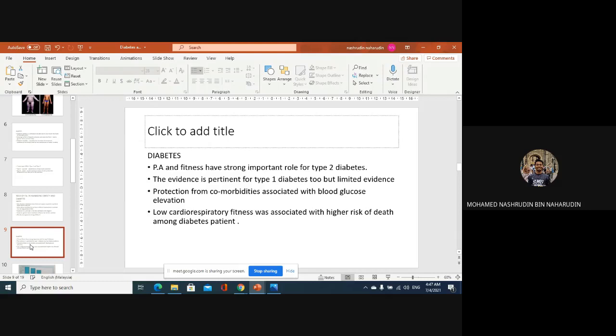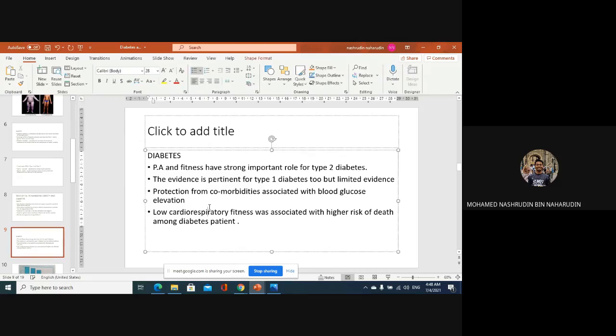But for type 1, since they're already born with a low level of insulin, there's less evidence of how physical activity can improve their condition. But yeah, the evidence is still pertinent for type 1 diabetes.